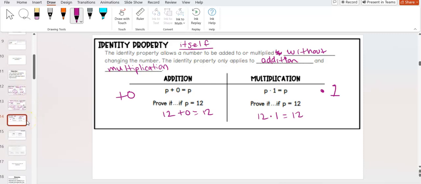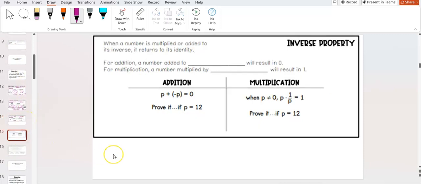All right, one more property, and then we'll do a little practice, hopefully. The inverse property. You may think inverse, reverse. Inverse usually means the opposite, or it's upside down or a flipped version. When a number is multiplied or added to its inverse, it returns to its identity. For addition, a number added to its opposite will result in a 0.